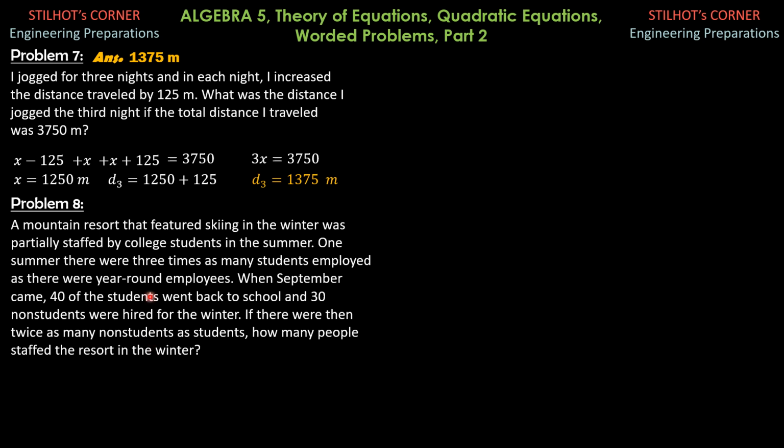So, during summer, we will call the number of students as S and the non-students as N. So one summer, there were 3 times as many students employed as there were year-round employees. So meaning to say, the number of students employed in summer is equal to 3 times the non-student employees.